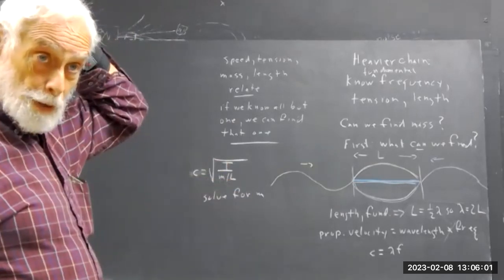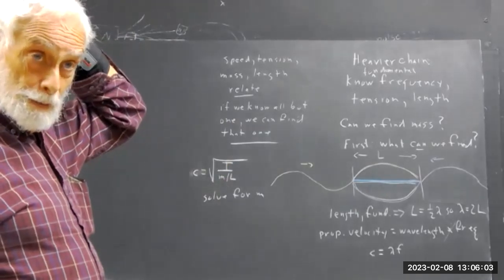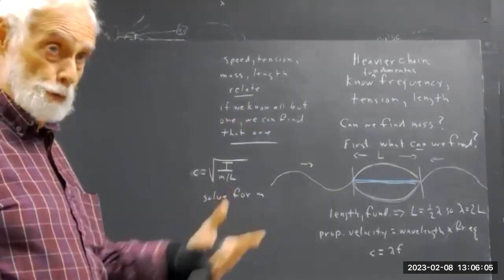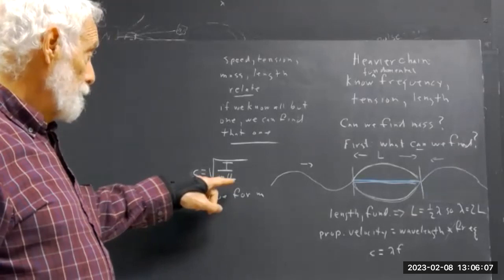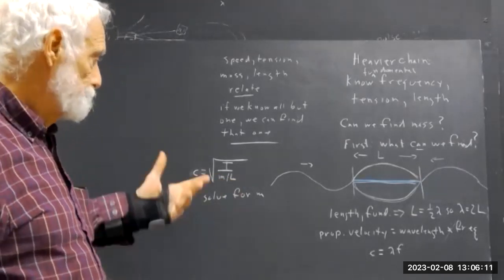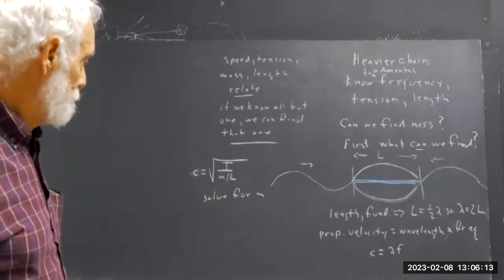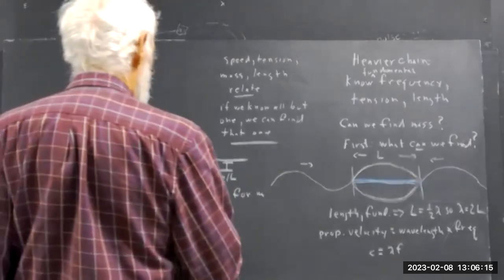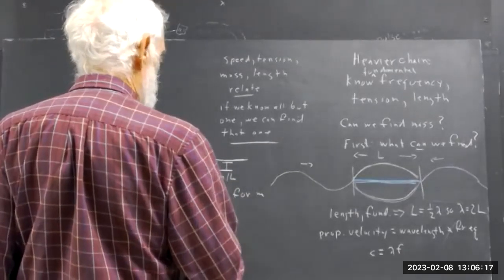So just looking at the numbers, tension is like 5 newtons. Mass, we don't know. Length, well, we solve the equation for M. We got M. Should have done that first.